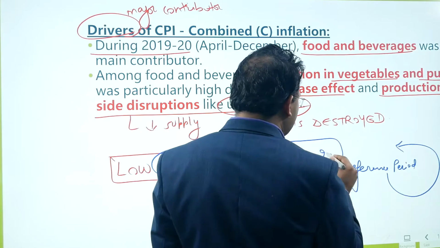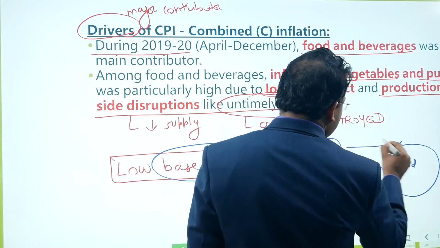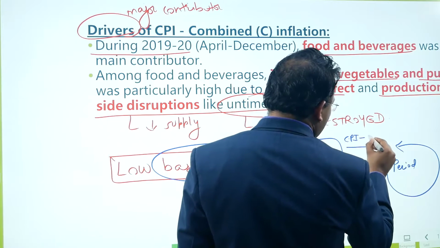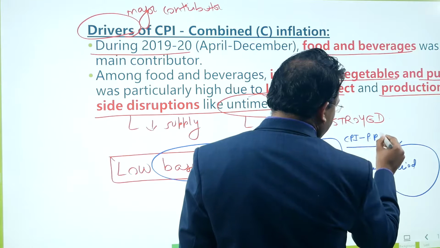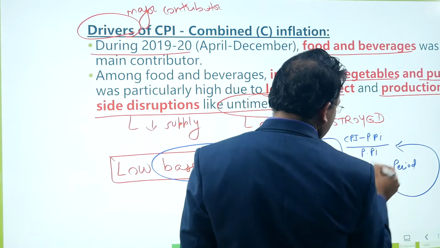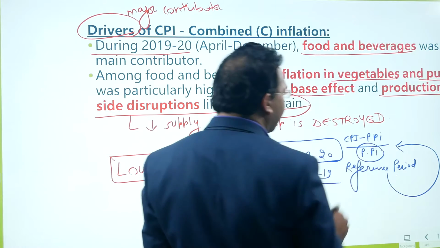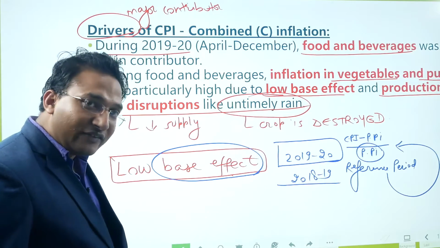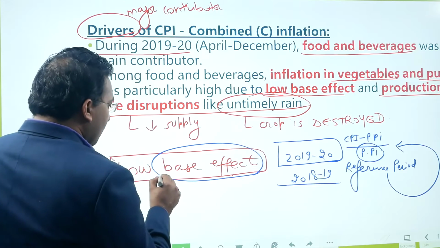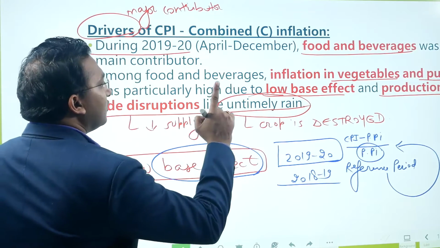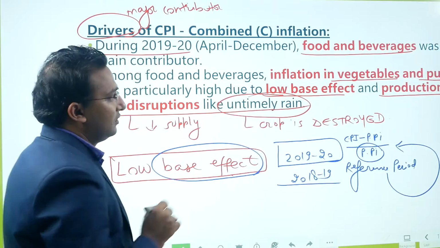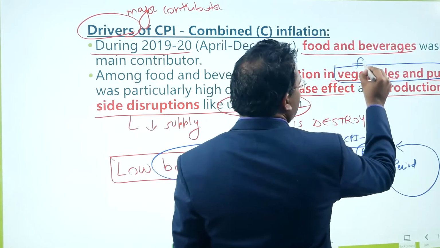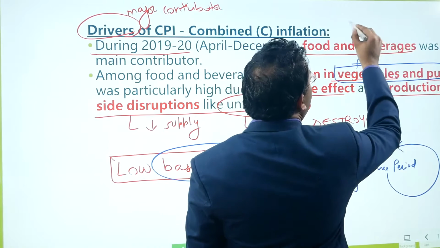So when we calculate the inflation for 19-20, we take the current year price index, subtract the previous year price index, and divide by the previous year price index. So this previous year price index acts as the base for calculation of the current year rate of inflation. Now, vegetables and pulses are food items, which means they are quite volatile.